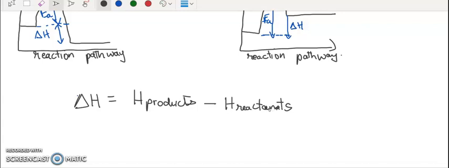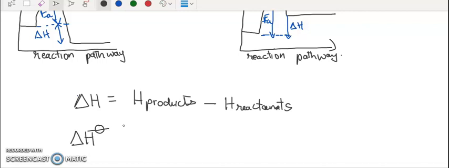Now that we know what enthalpy is, let us find out the standard conditions in which enthalpy change takes place. The standard conditions are represented by theta, which is a symbol like this.